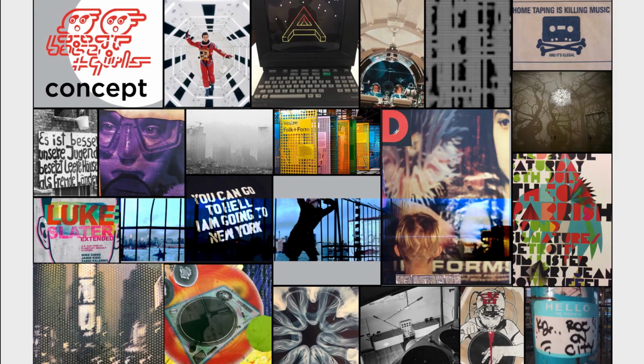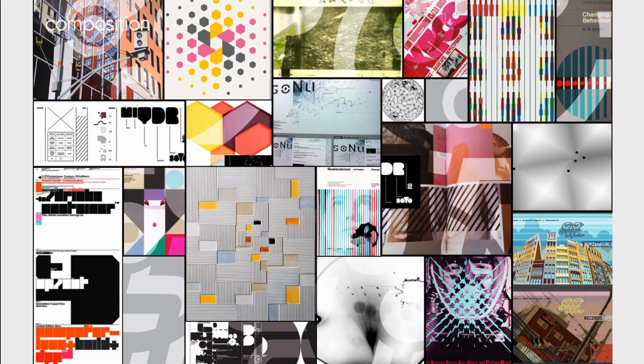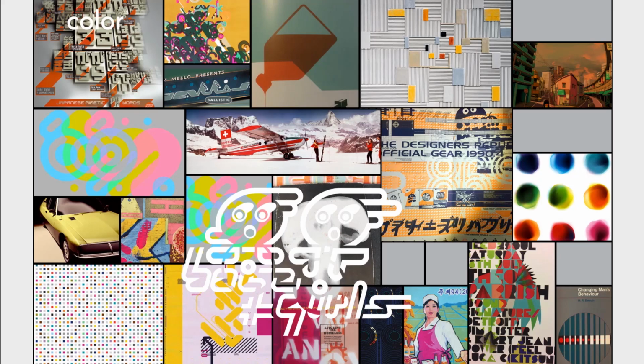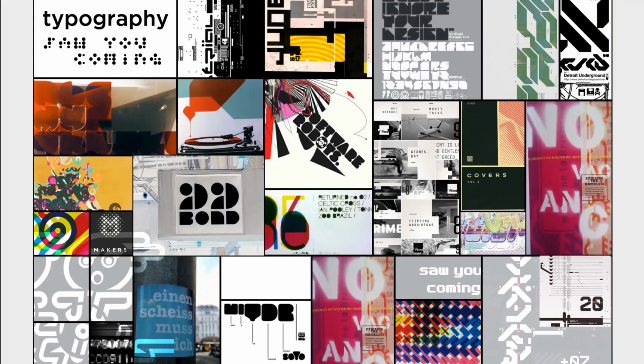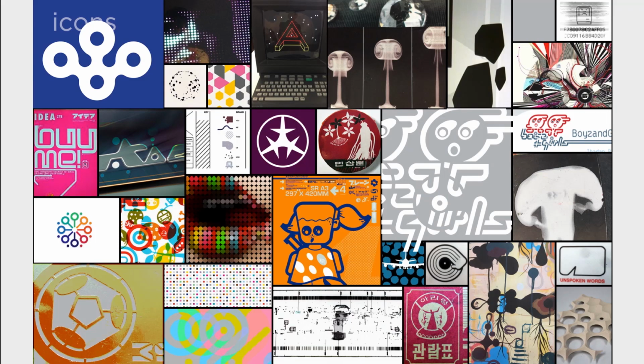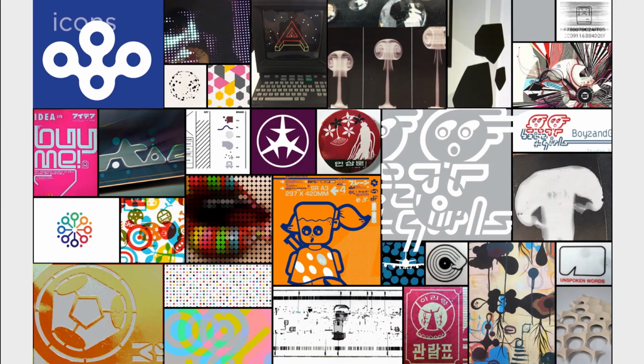So these are some mood boards that I did for myself for a brand called Boys and Girls, which I'm trying to revive a little bit. Compositions, colors, typographies, experimental stuff, icons that I liked, and this is what the card for myself was.